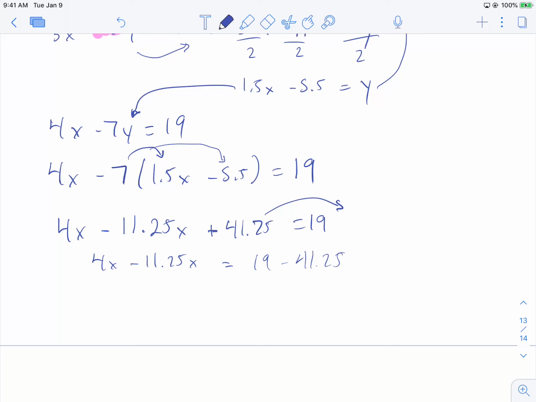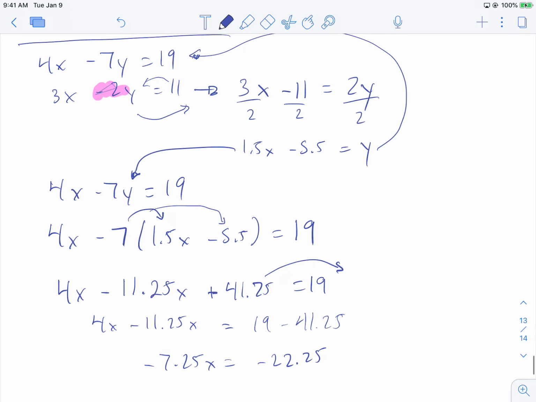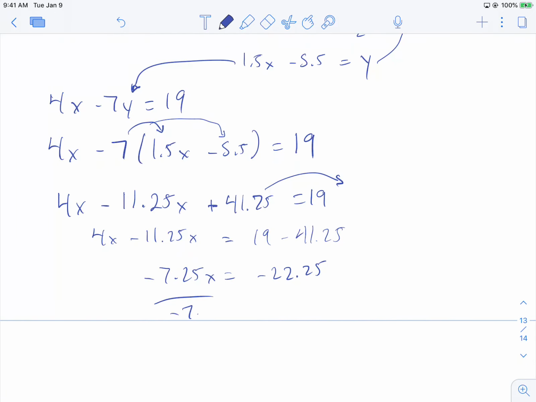So 4 minus 11.25 gives me negative 7.25, and that's going to equal 19 minus 41.25, which is negative 22.25. Okay, perfect. We'll divide this side by negative 7.25, divide this side by negative 7.25, and when we do that, let's see what we get.